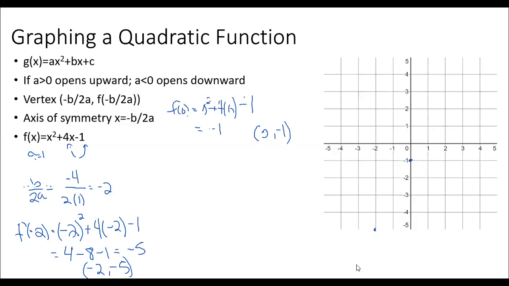Okay, so now here is really where our axis of symmetry can come in. And again, our axis of symmetry is the vertical line that goes through our vertex. So this line actually is going to be x equals negative 2. But now that we have that, we can go back and we can reflect. We can say, okay, this point was here at 0, negative 1.